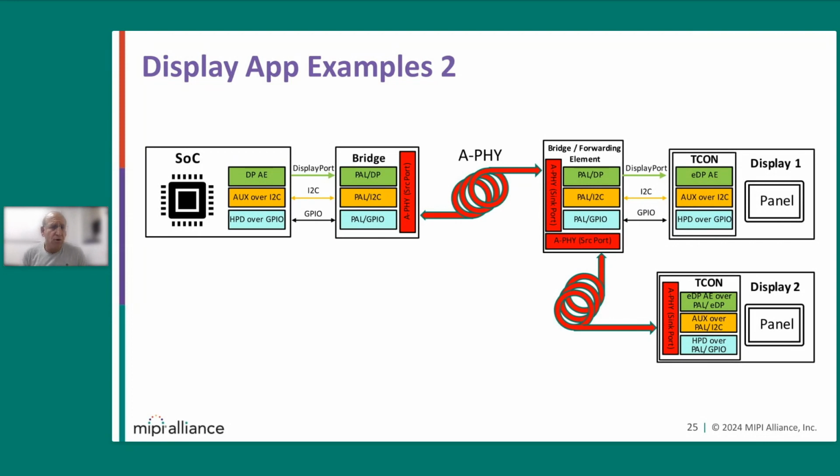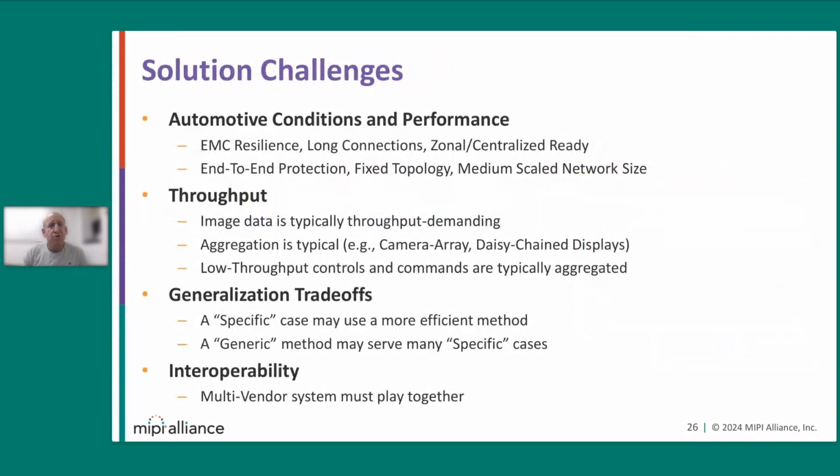So traffic or image data will be dropped at display 1, but the relevant information for display 2 will carry on at the API level to display 2. So this gives you some overview of possible applications.